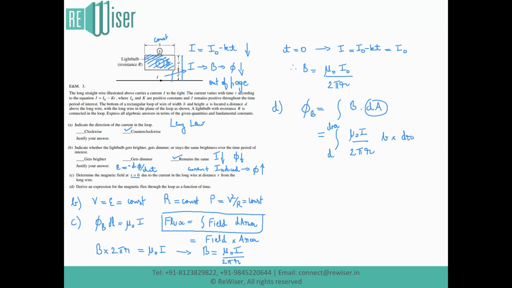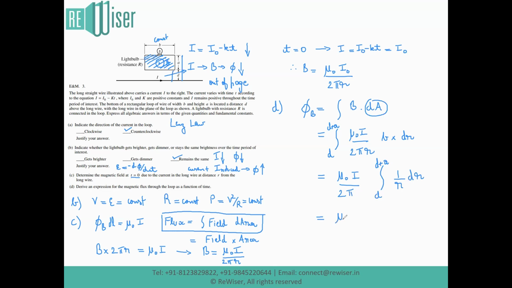Here r is indicative of the length of this rectangular loop. I know that in this integration, mu naught is a constant, I, which is I naught minus kt, is a constant, and 2 pi is a constant. So the only term within the integration is 1 by r dr for the limits d to d plus a.